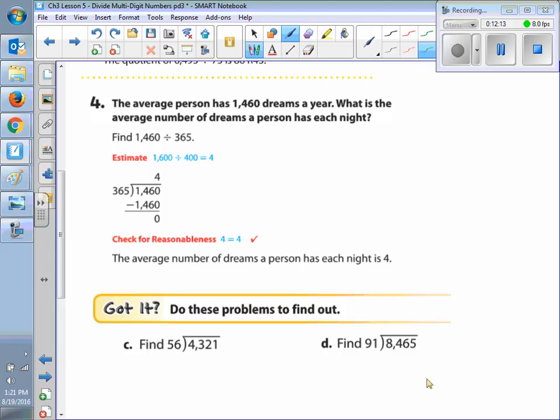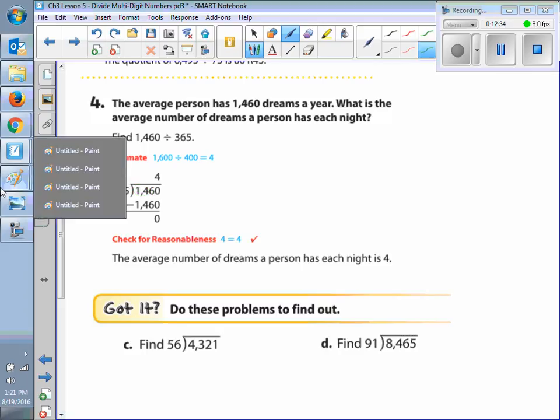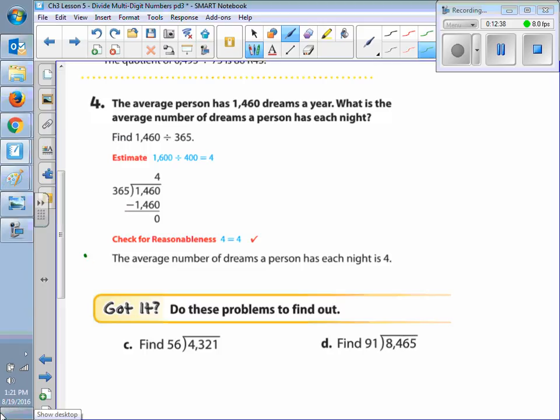You can look at this and say 3, and then let's look at this 14. How many times does 3 go into 14? 4 times. Because 3 times 4 is 12, right? So that is the first number that you can choose for your estimating, okay? So when you do that, you actually end up with no remainder. Got it?